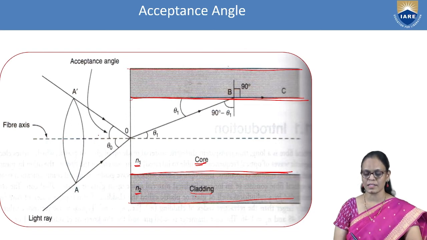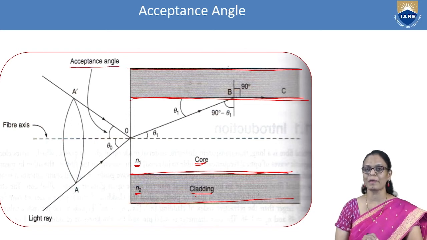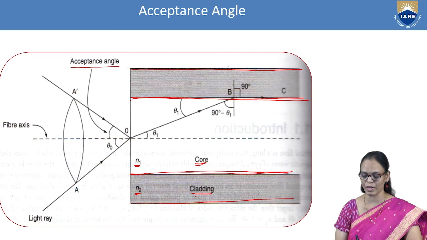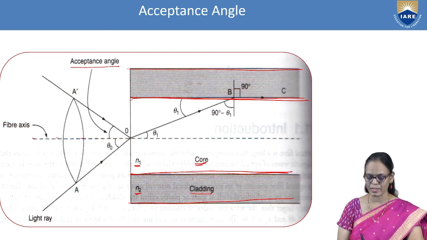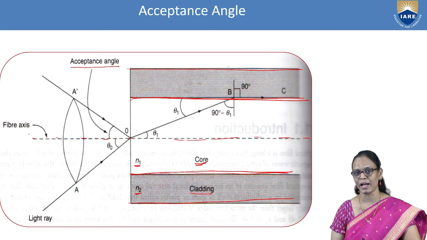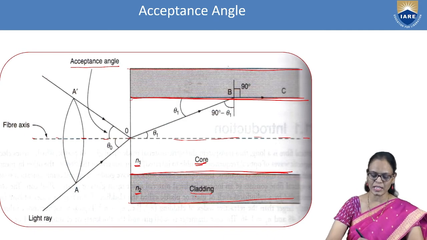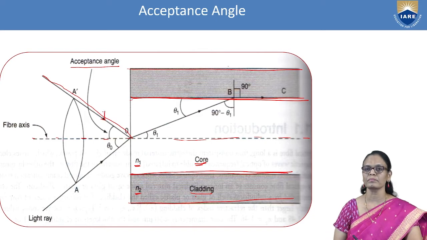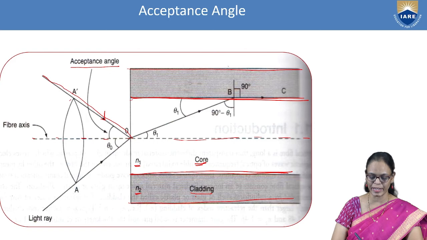We have also discussed the acceptance angle, the maximum angle at which light has to be incident to propagate through the fiber. And this is the fiber axis, the central line that passes through the optical fiber. Now, if this is the ray of light that is incident, if you rotate it along the axis, we get the cone.